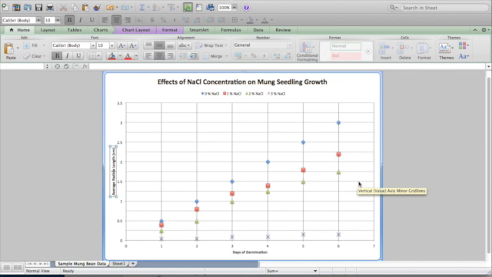Assume the control is 100% growth, and therefore we have less than 100% growth in our 1%. One way to use Excel to help you do this is to have it create the trend lines for this. So let's see if I can do this right.